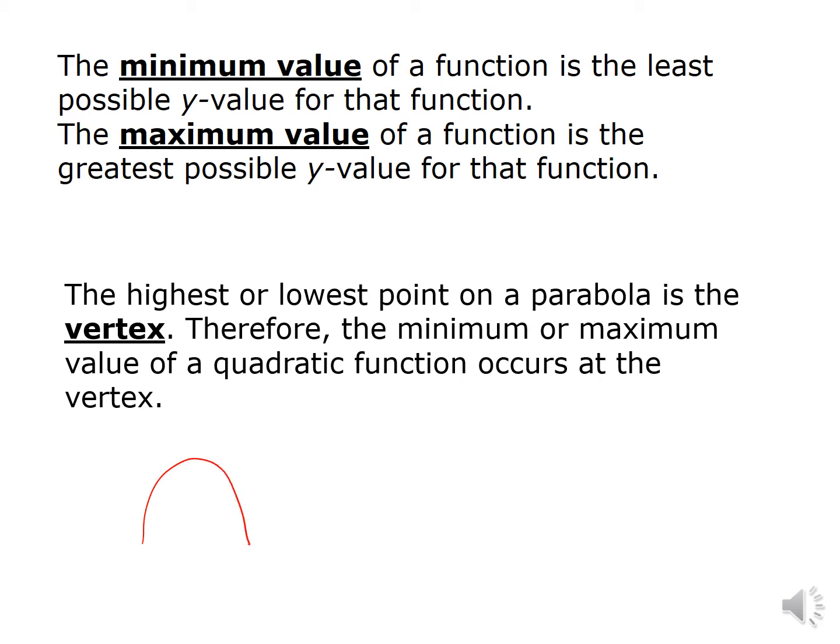So if I had a vertex of (4, 6), then this is a maximum and it equals 6. You don't have to put y equals because it's just a point. If my lowest point occurs at (-2, -6), then my minimum is -6. So it's the y value of the vertex.